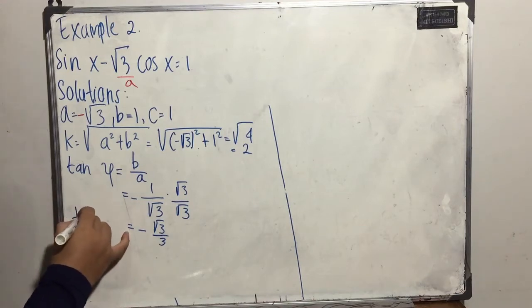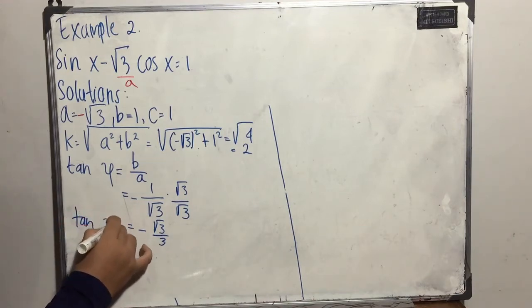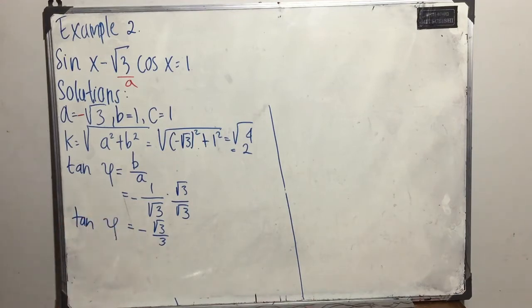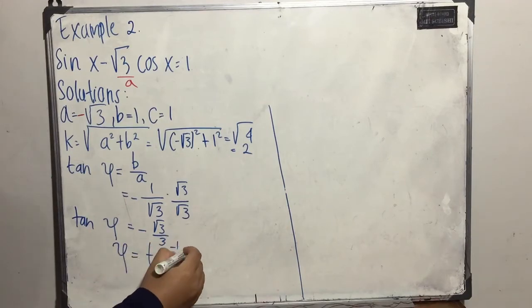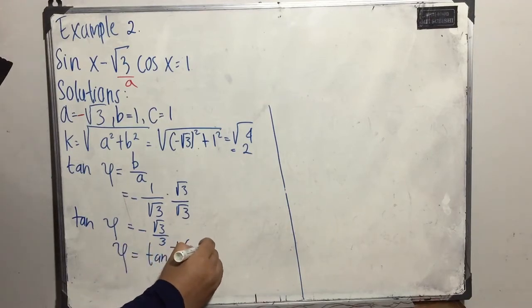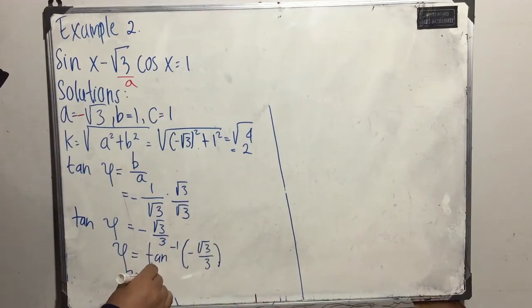So this one is tangent mu. From here, what's the degree of this one? We can rewrite arctan of minus square root of 3 over 3. So this one is equal 150 degree, everyone.